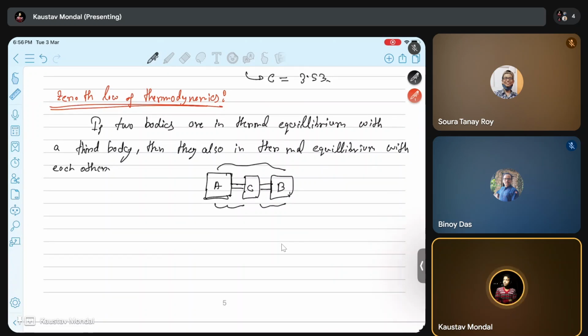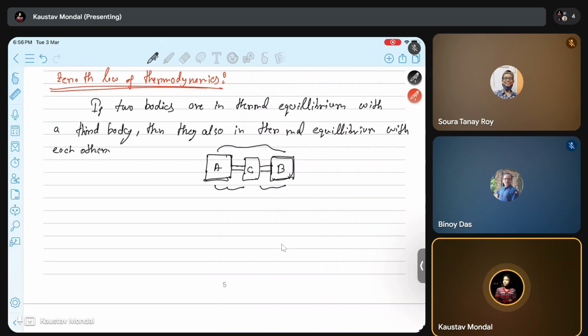Now, to quantify whether two bodies are thermally in equilibrium with each other or not, they invented this concept of temperature.